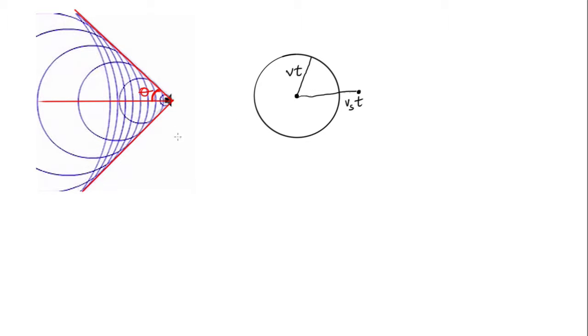vst. Now, you can see at that point, the jet is going to continue to let out these sound waves. So we'll have the smaller circles centered on its path as it travels along. So we have a series of circles like this.